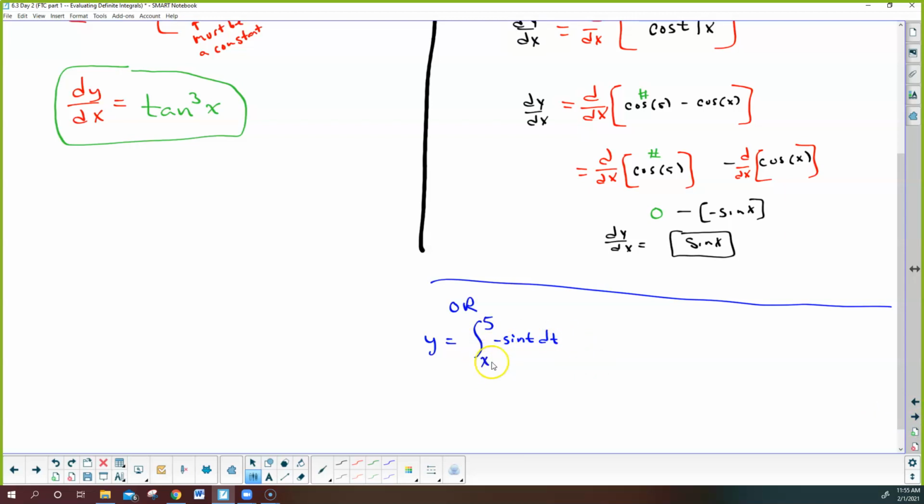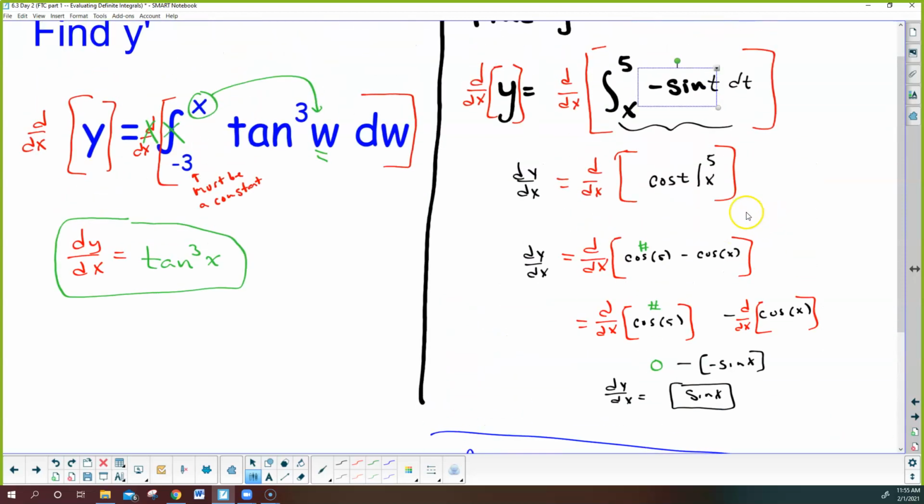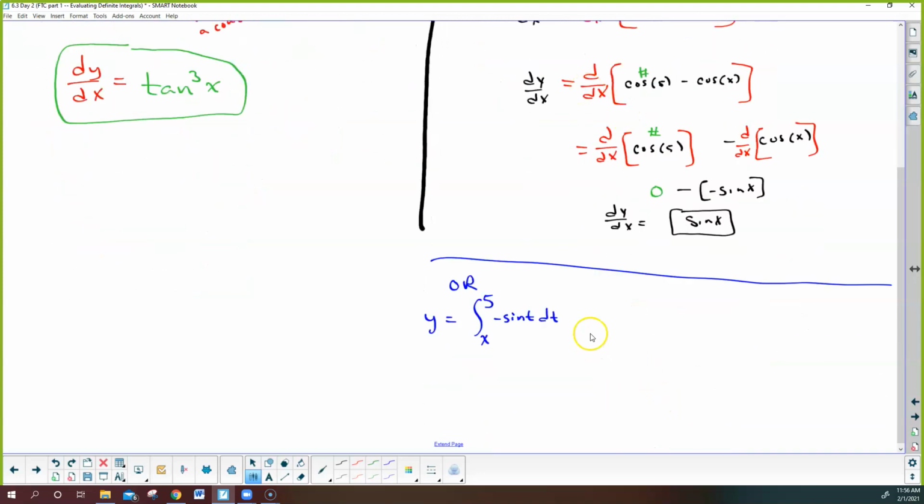Okay. First thing I'm going to notice is, see how this answer right here, positive sine that we got, is not identical to the original value. It's off by a negative. The reason why is the x is not on top. So if I'm going to use a shortcut, the first thing I'm going to do is flip the bounds. So I'm going to put x up here and 5 right here, and then I'll take the opposite of that.